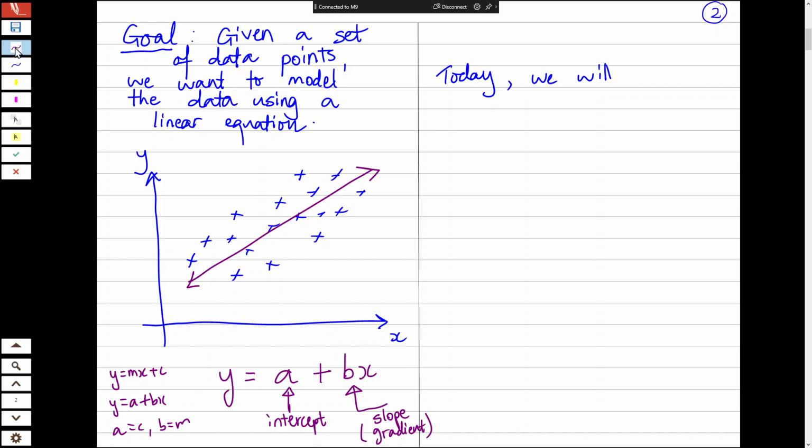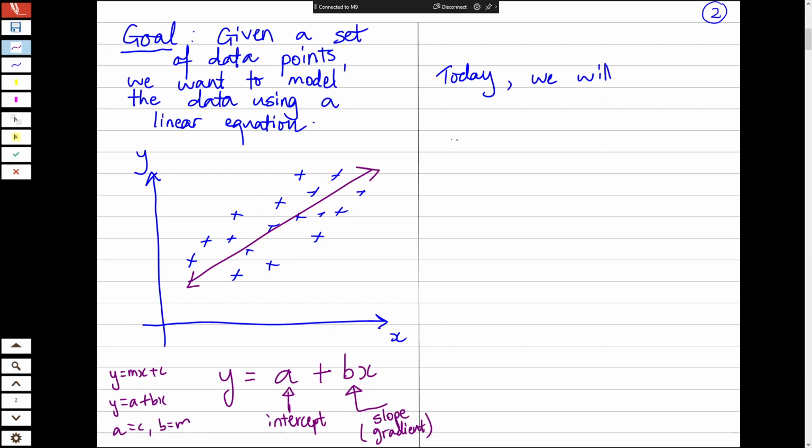Now, is the goal clear? I've got some numerical data. I want to fit one line to model the relationship between the data. So this happens all the time in science, engineering, finance. Whenever you've got numbers for two variables, we're always interested in how we can do this. All right?